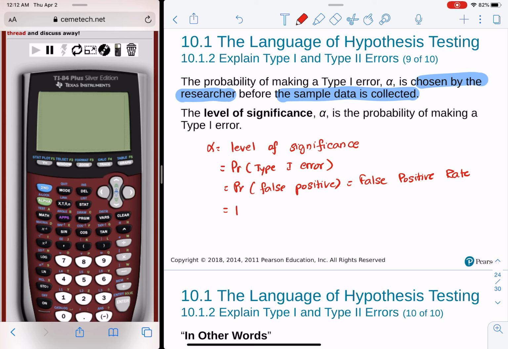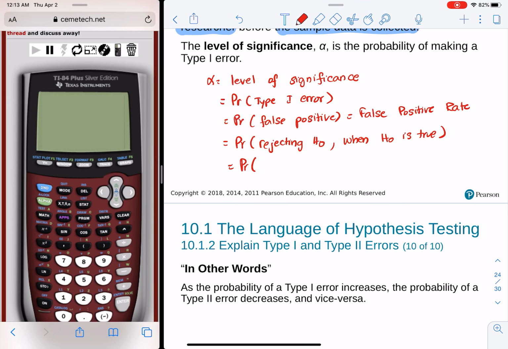And it is the same as saying the probability of rejecting H naught when H naught is true.